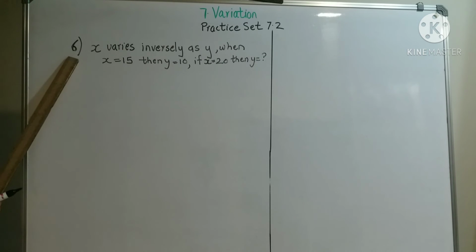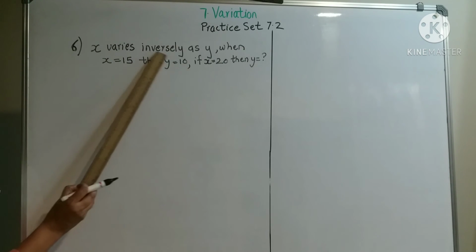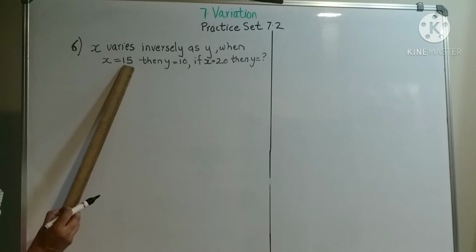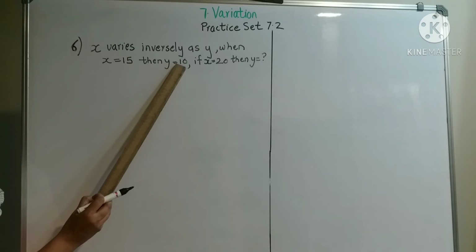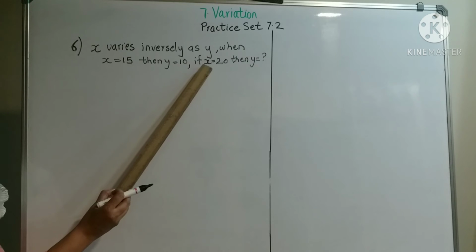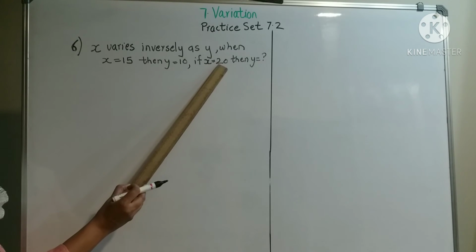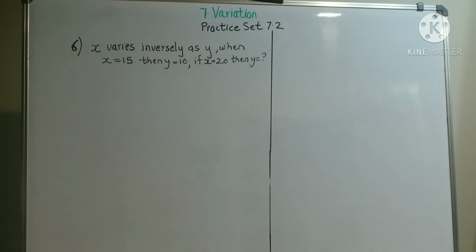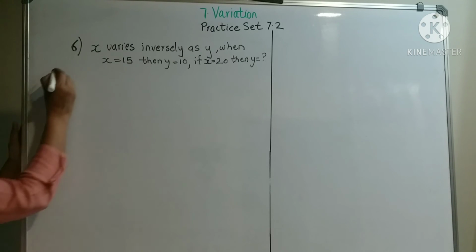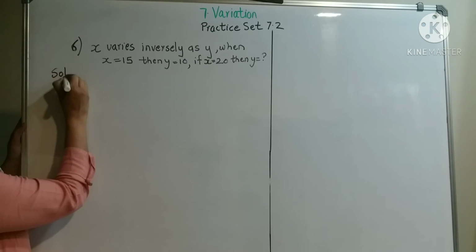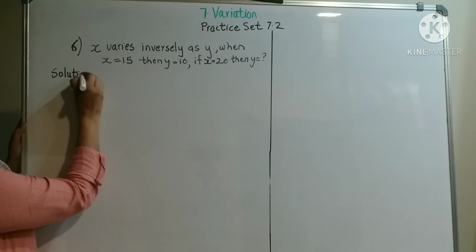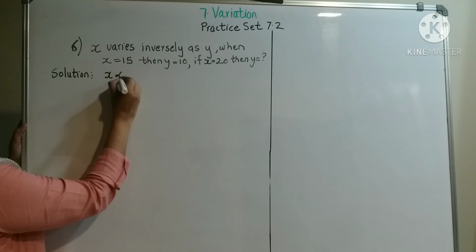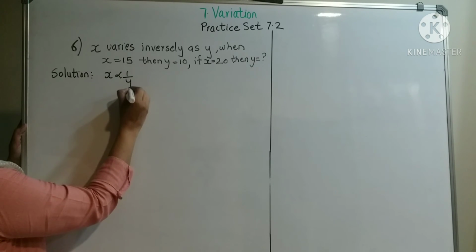Question number 6. x varies inversely as y. When x is equal to 15, then y is equal to 10. If x is equal to 20, then y is equal to, we are going to find out the value of y. Let us solve the sum. Solution. x varies inversely as y.